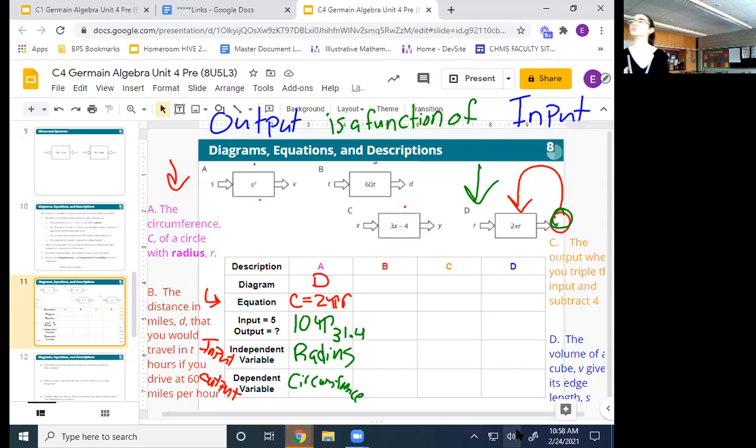Okay, I want you to take 3 minutes right now to match the last 3 remaining ones here, and calculate all these pieces that it asks you to.